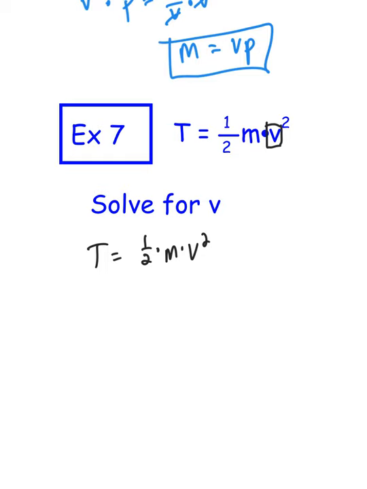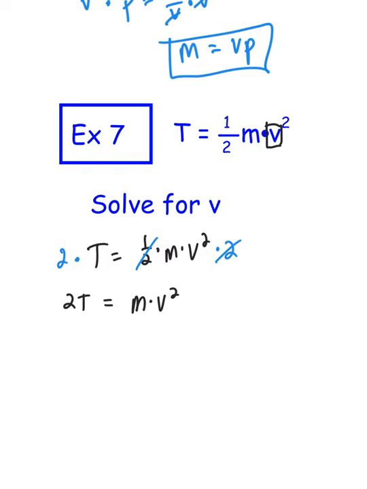Okay, so like we did before, if this is multiplying by 1/2, I can multiply by 2 on both sides, and that's going to cancel out the multiplying by 1/2. Those are inverses of one another. So this is 2T equals M times V squared.